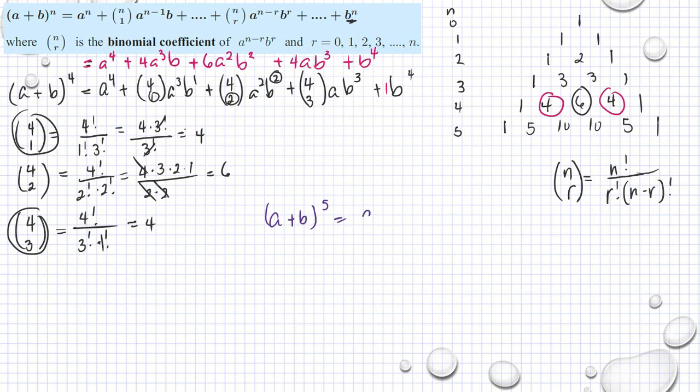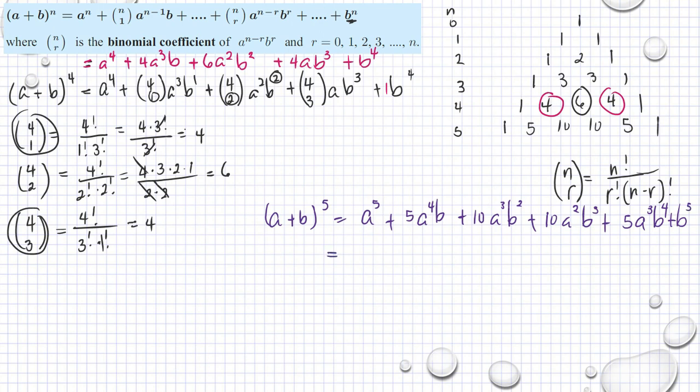So according to Pascal triangle, we have a raised to 5 plus 5a raised to 4b plus 10a raised to 3b squared plus 10a raised to 2b raised to 3 plus 5a raised to 3b raised to 4 plus b raised to 5.